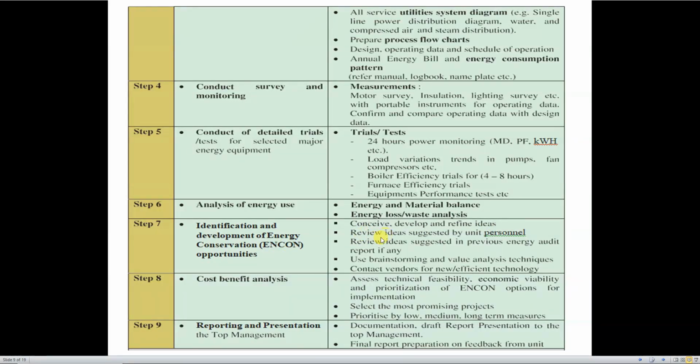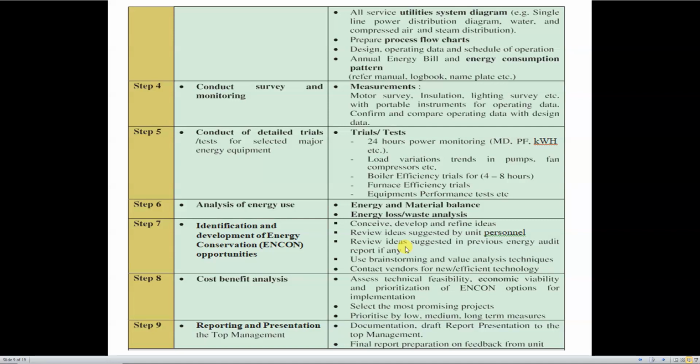Then we can review ideas suggested by the unit personnel. Here in this case we need to take information from the plant manager, plant production manager, etc. We can also review their opinions. Now we can also review ideas suggested in a previous energy audit. Suppose a company did an energy audit earlier, and you are auditing that industry in 2022.